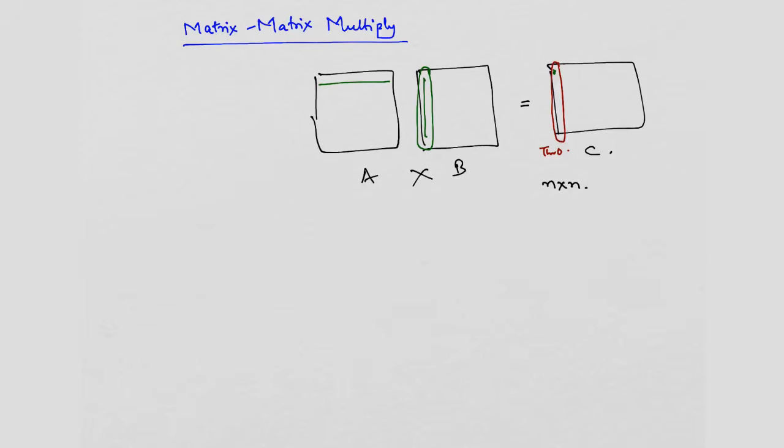Here's another issue, and this is important. Typically we have to see what is the compute to memory ratio of the operations we are doing. How many compute operations am I doing and how many memory operations am I doing?